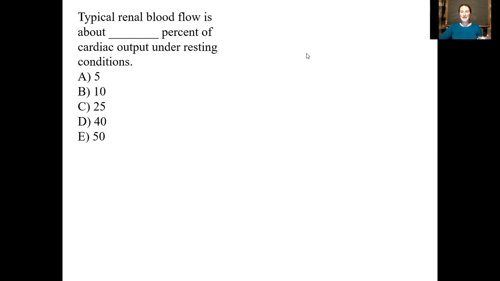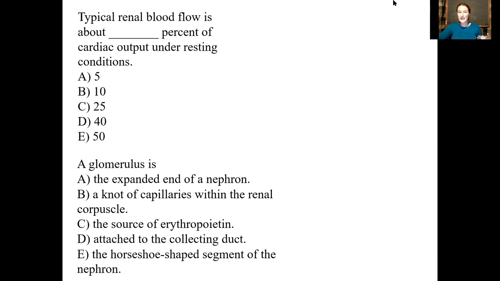All right, fantastic. You're absolutely right. 25%, right? A quarter of your blood volume is going to be filtered through your kidneys every single minute.